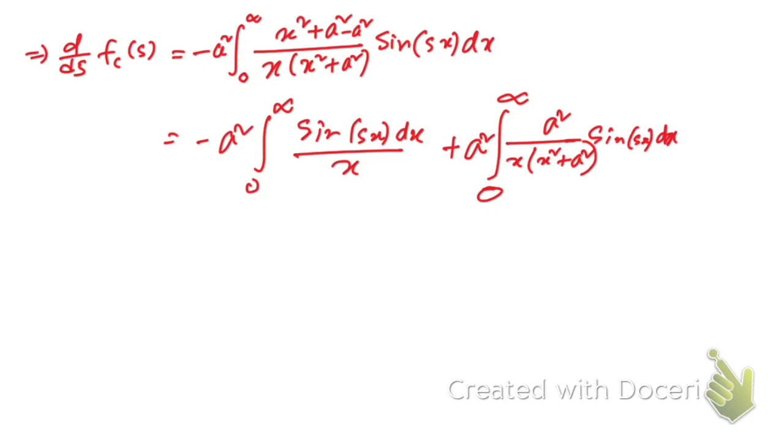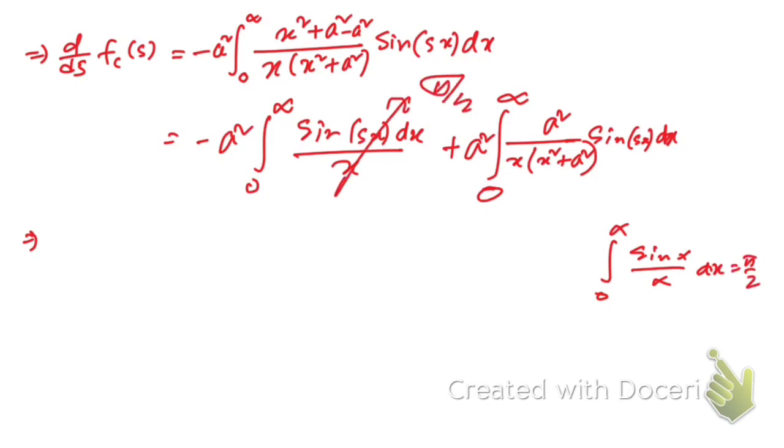Now here you see that integration 0 to infinity sine x by x dx is equal to pi by 2. So here this one is gonna be also pi by 2, right?